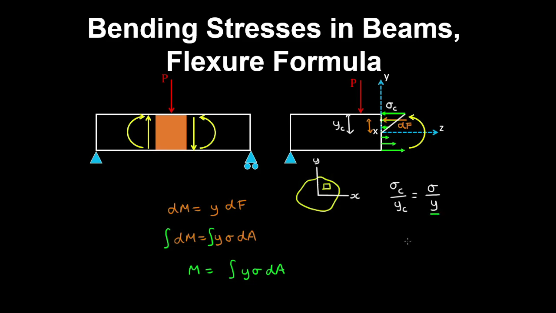And if we multiply through by y, we can rewrite this stress as stress c on yc, which we can take outside the integral because it's constant, and that's multiplied by the integral of y squared dA. And this ratio is simply equal to stress on y acting anywhere along that section, and this integral is the second moment of area.